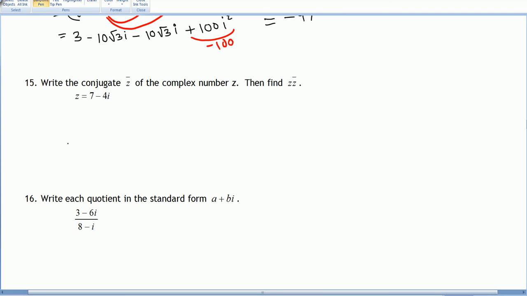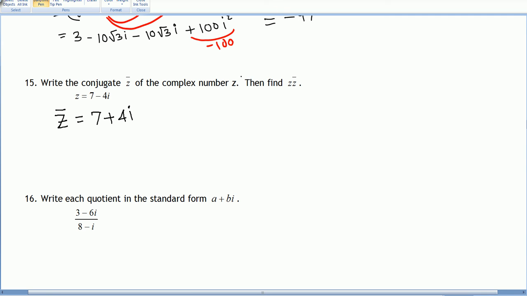Now number 15, it says write the conjugate of the complex number g. Here's g, then the conjugate, g bar, we just change the sign of the middle, so g is 7 minus 4i, the conjugate is 7 plus 4i.